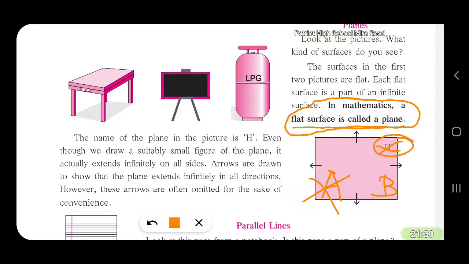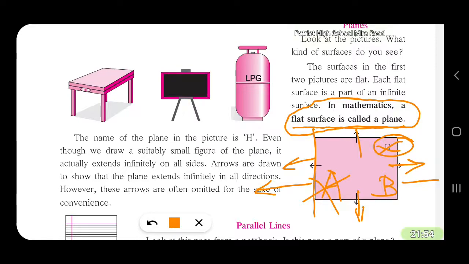These arrows mean that it is a plane. It can be extended. This line can be extended infinitely, and this also can be extended, moving in this direction infinitely. However, these arrows are often omitted for the sake of convenience.